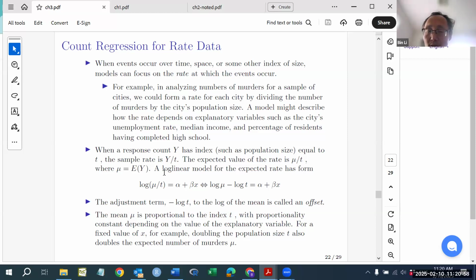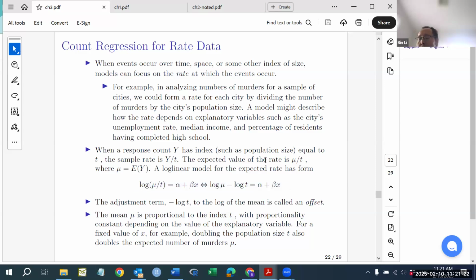When we model a log linear model for the expected rate, then we have the log of mu over T equal to a linear function of X. And that can be rewritten on the left-hand side to be log mu minus log T. Is that right?